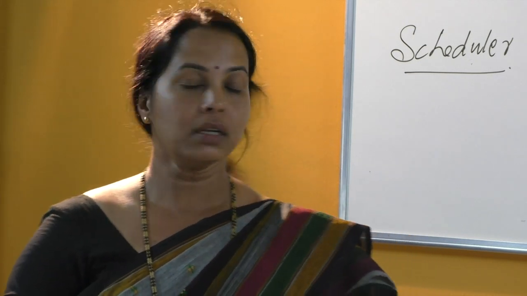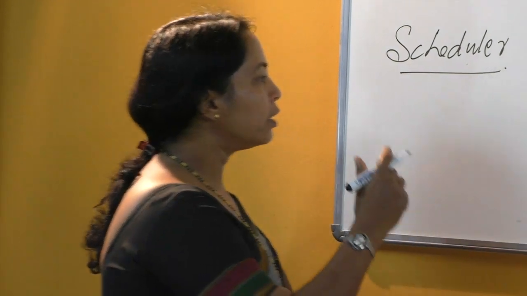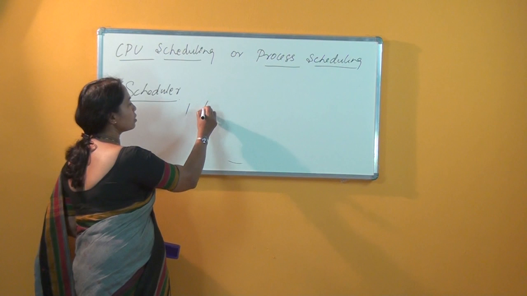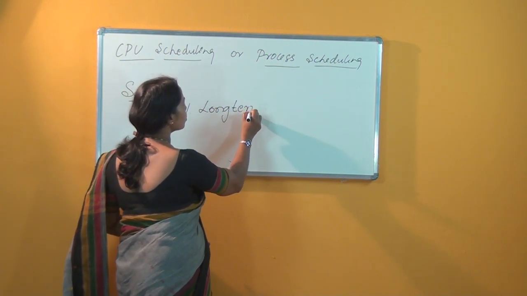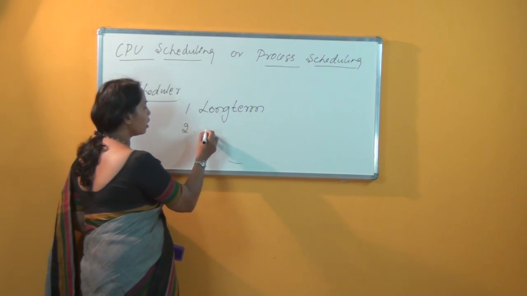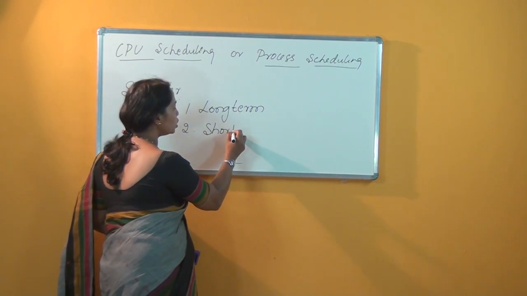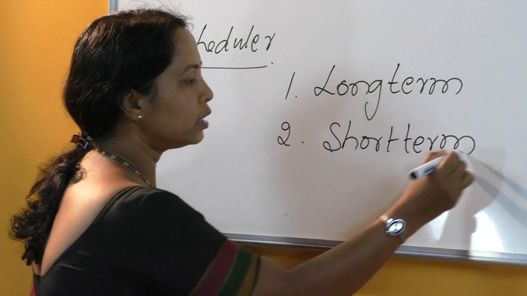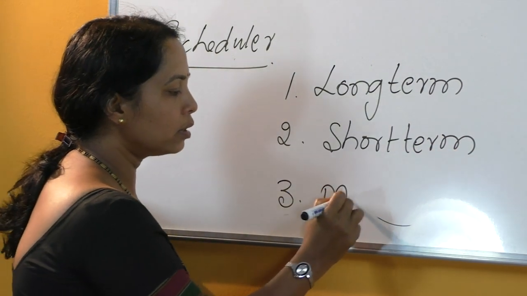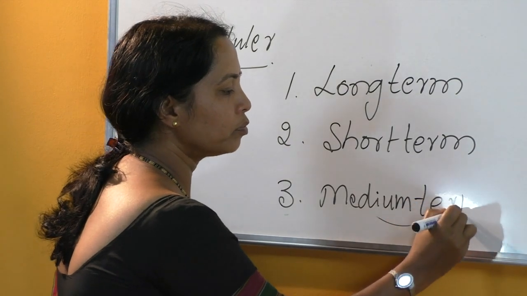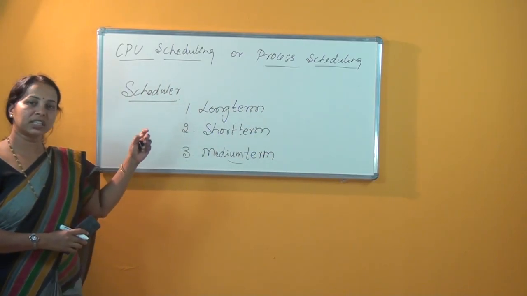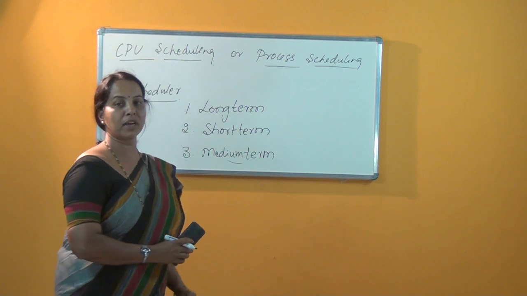There are three types of schedulers: one is called the long-term scheduler, another is the short-term scheduler, and the third is the medium-term scheduler. Now we will see the functionalities of each scheduler one by one.